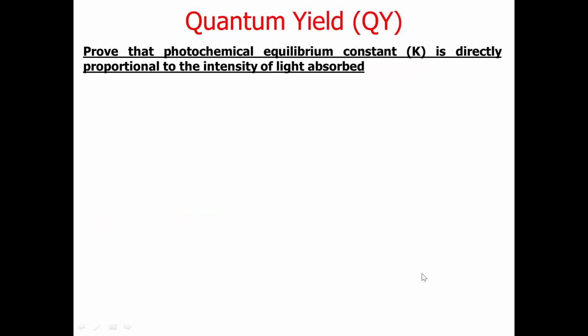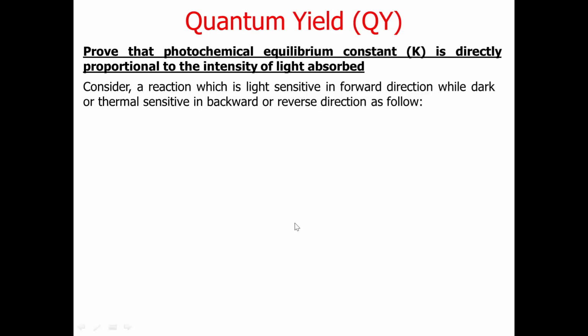Then how can you prove that the photochemical equilibrium constant is directly proportional to the intensity of light absorbed? Because till now we have learned that any photochemical reaction takes place in the presence of light. So consider a light sensitive equilibrium reaction, where the forward reaction is light sensitive and the backward reaction is a dark or thermal reaction.